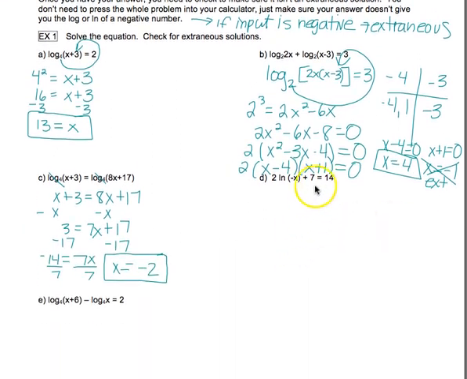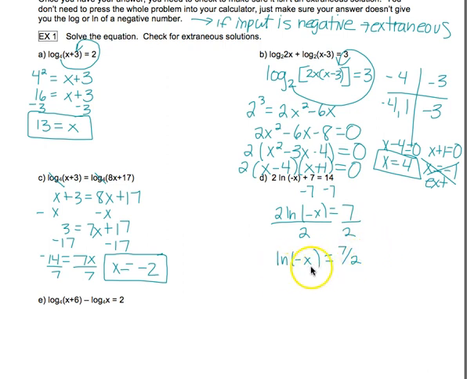So here, before I can do any of that swooping, I have to subtract the 7, which gives me this guy. Then I still have to divide this 2. This is the step that a lot of people forget. You have to divide that away. You can't have a number in front of the logarithm if you're wanting to use the Swoop method.